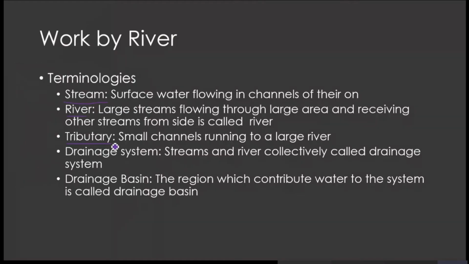A tributary is a small channel running into a large river. Streams are also sometimes called tributaries because that particular stream contributes to a major channel. The drainage system is the connection of all these streams and rivers. Collectively it is called a drainage system.